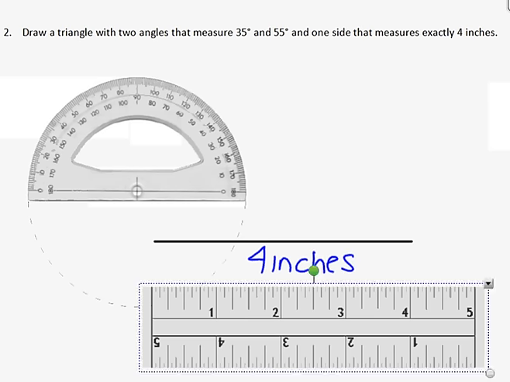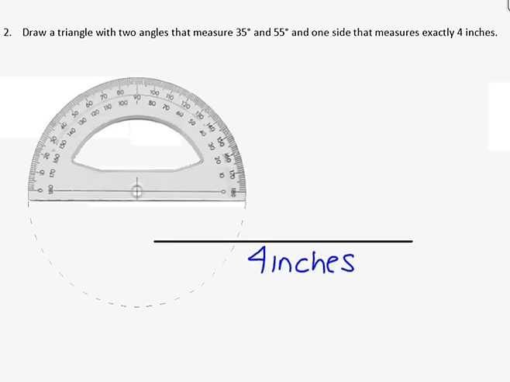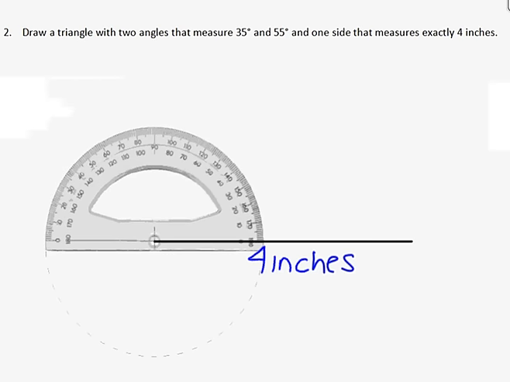And then I won't need the ruler anymore. And now I'm going to pick one of the 2 endpoints of the line segment to line up the protractor. And from right here, we're going to follow it around going up, and we're going to measure until we get to 35 degrees. So that's going to be right there. And then we can just put a dot.